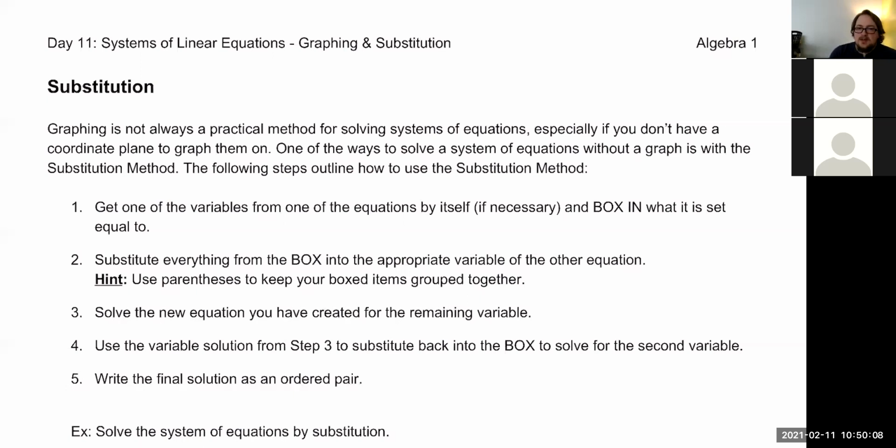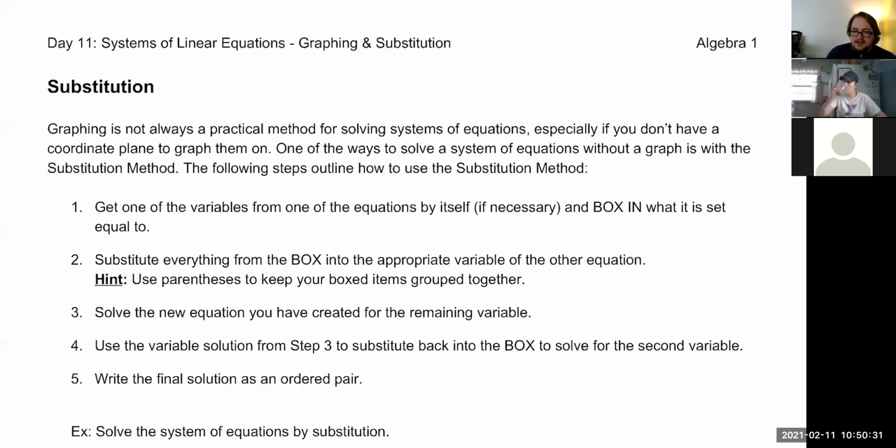But once that variable from that equation is by itself, we're going to box it in and remember what it is set equal to. That box is going to serve a purpose later on. In fact, in the second step.